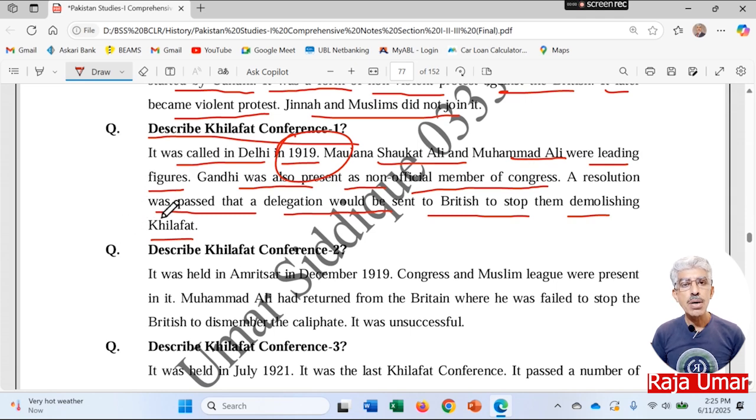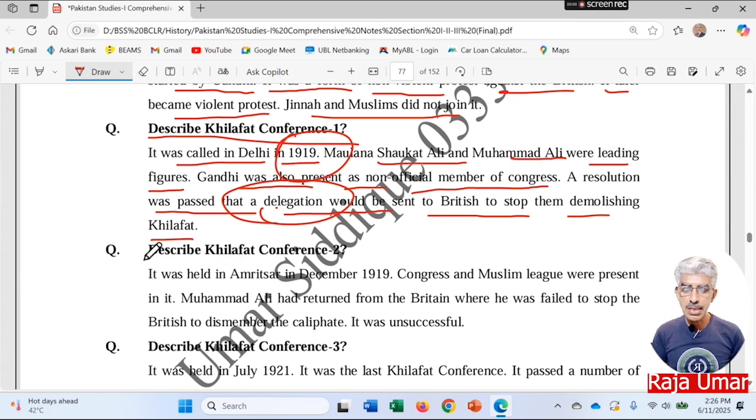So to prevent the British and the Allied forces from demolishing the Ottoman Empire, it was decided that a delegation should be sent to the British government so that they should not dismantle the Khilafat in Turkey.